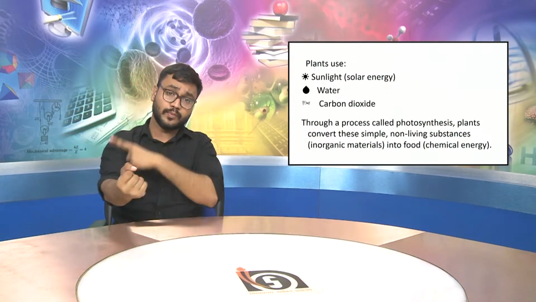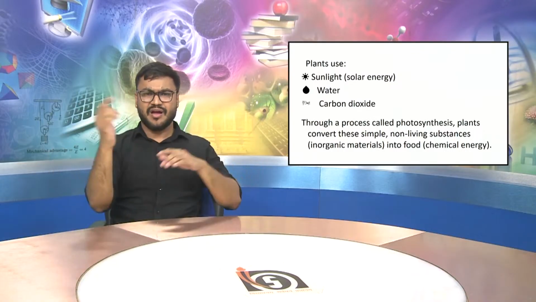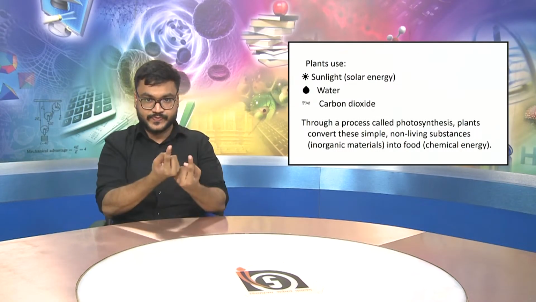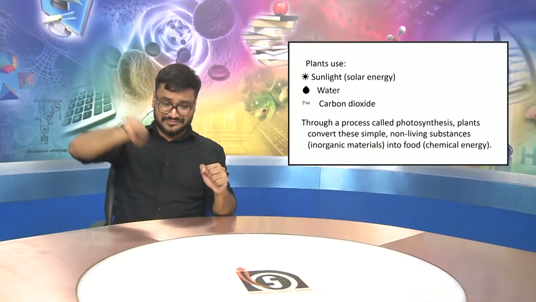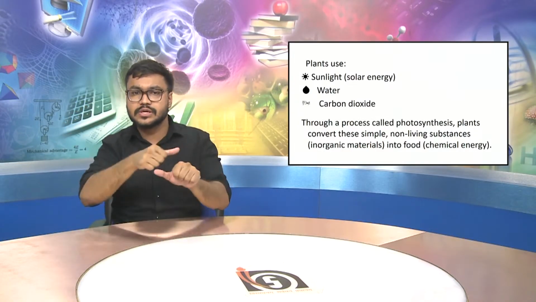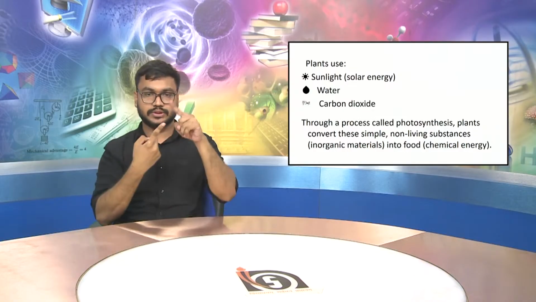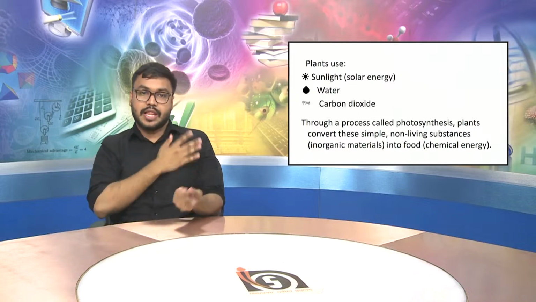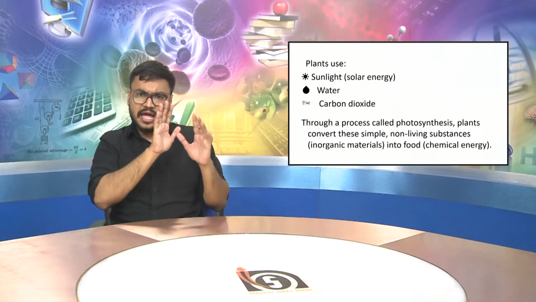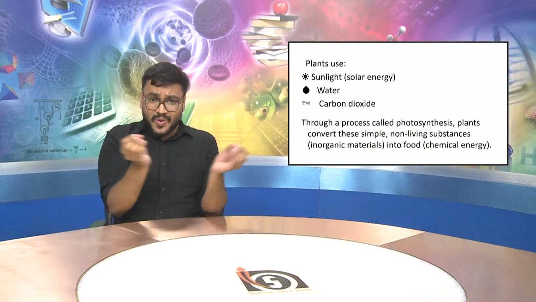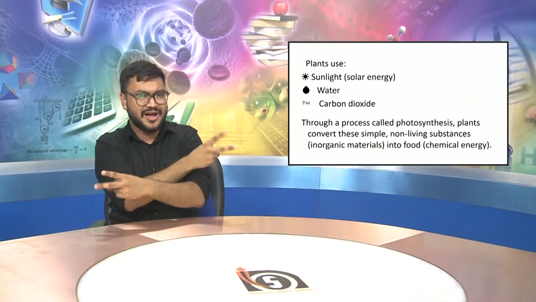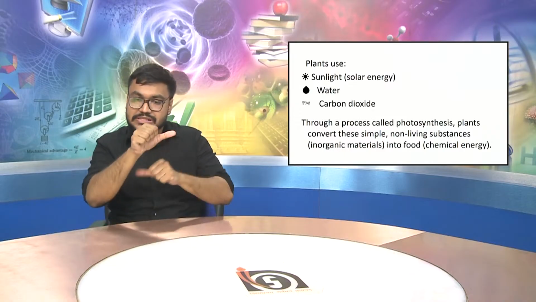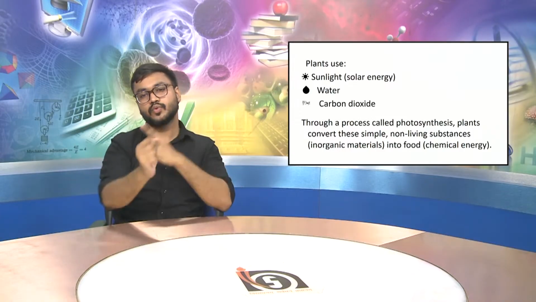To make their food, plants use first sunlight, second water, and third carbon dioxide. Through a process called photosynthesis, plants convert these simple non-living substances, also called inorganic materials, into food, or we can say chemical energy.